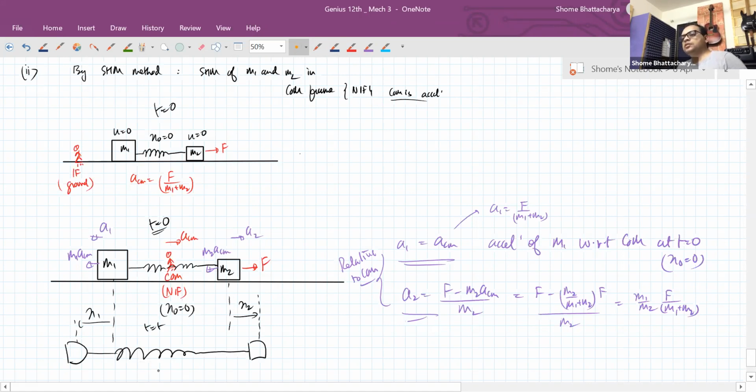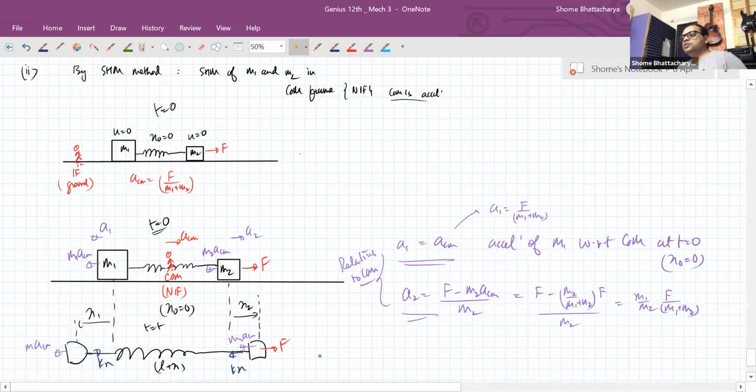The length of the spring has become L plus x. So along with pseudo force, there is also now additionally spring force, kx.